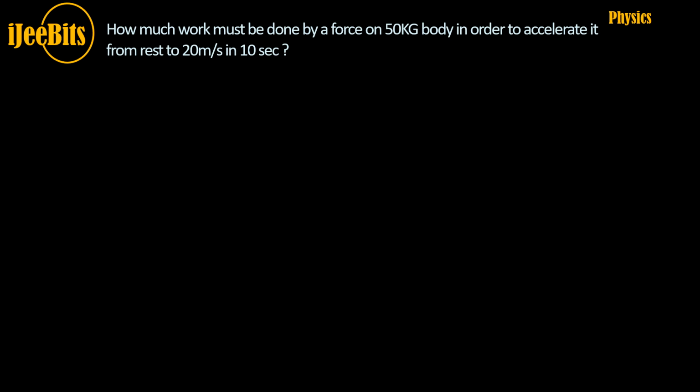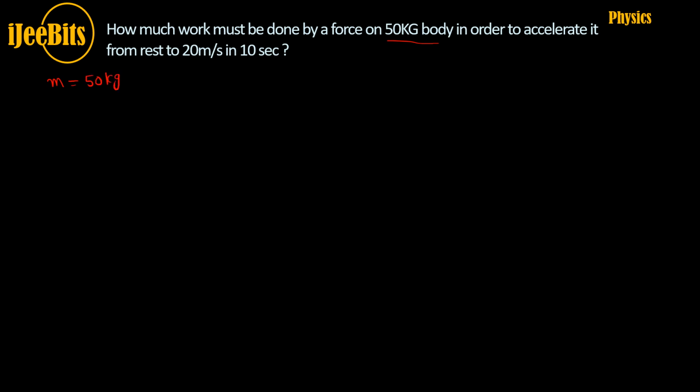Okay, let's look at the next problem statement. How much work must be done by a force on a 50 kg body in order to accelerate it from rest to 20 meters per second in 10 seconds? So basically what is given versus what is asked. M is given, 50 kg.